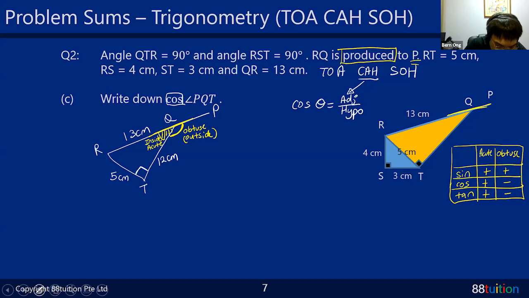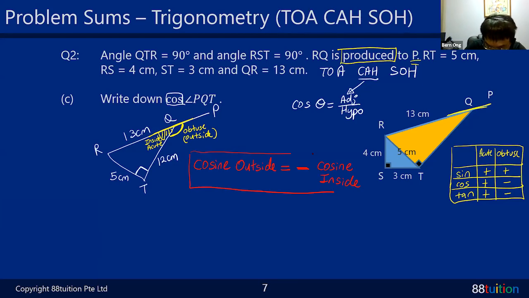So usually in my head, I'll be thinking cosine outside is equal to the negative of cosine inside. This is inside my head. I always think about this, because outside and inside, there's a relationship.